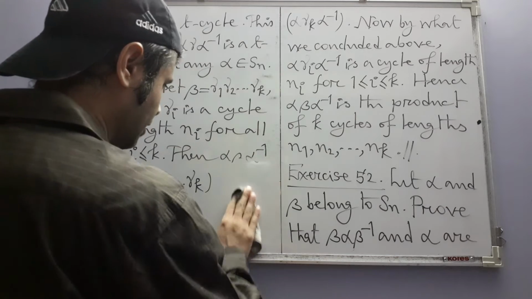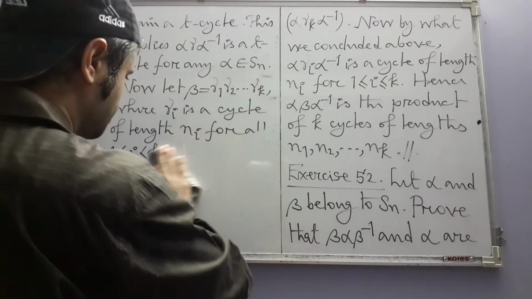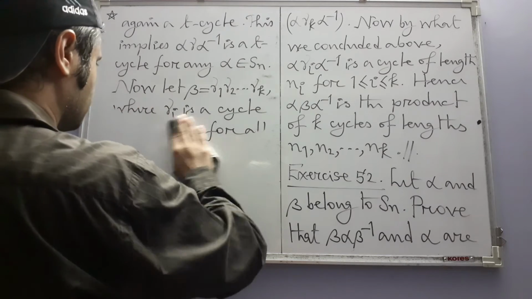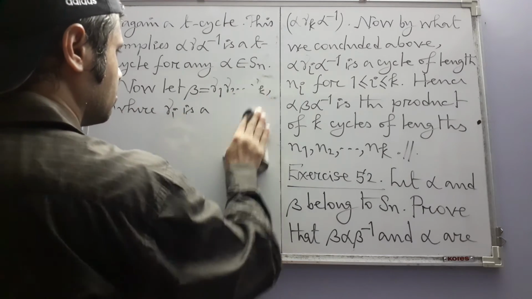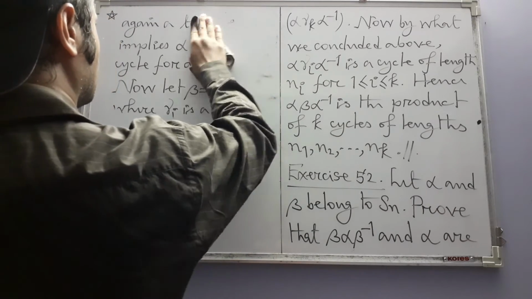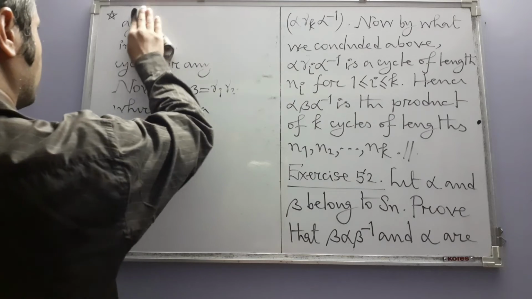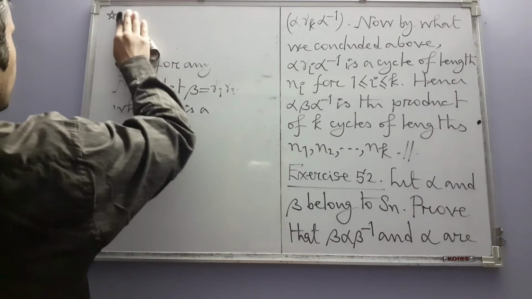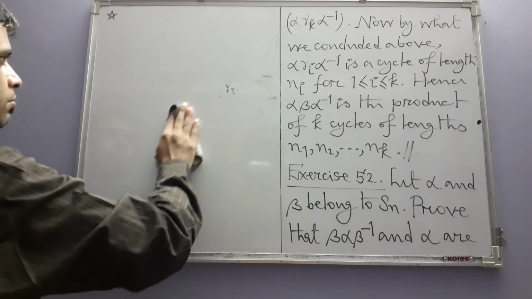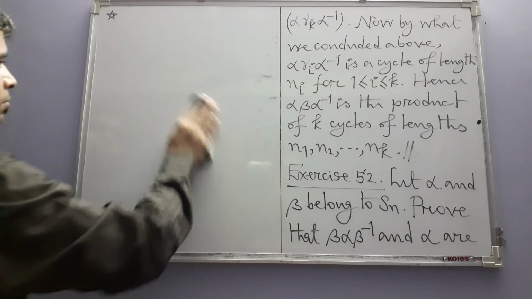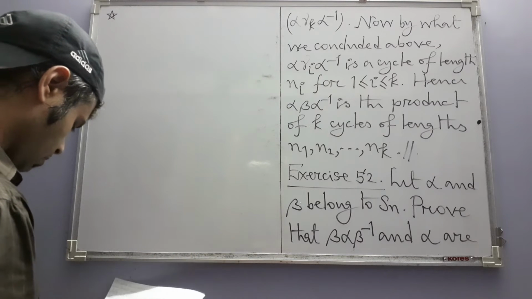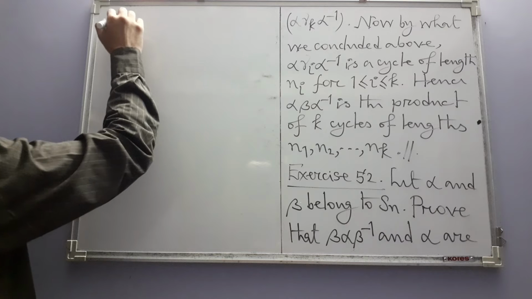It cannot be that one of them is even and the other is odd. Are they both even or both odd?